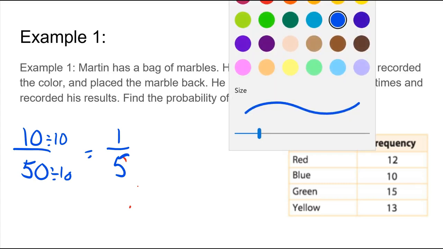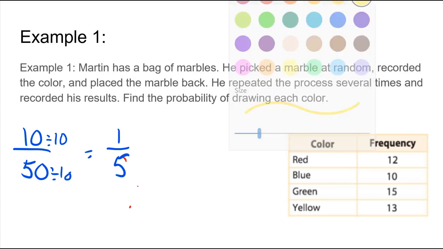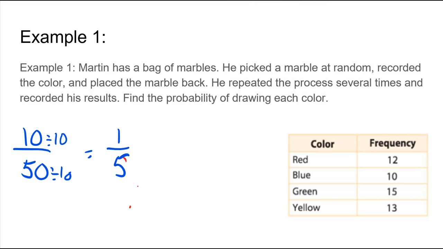Next we have yellow, and for yellow there is 13 times we pulled a yellow out of 50 total trials, so our probability is 13 out of 50, which cannot be simplified, so we leave it as 13 out of 50.